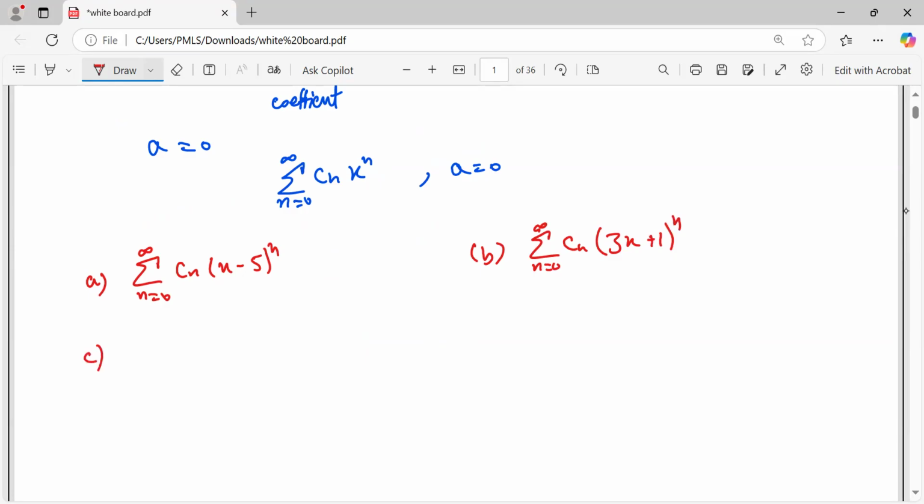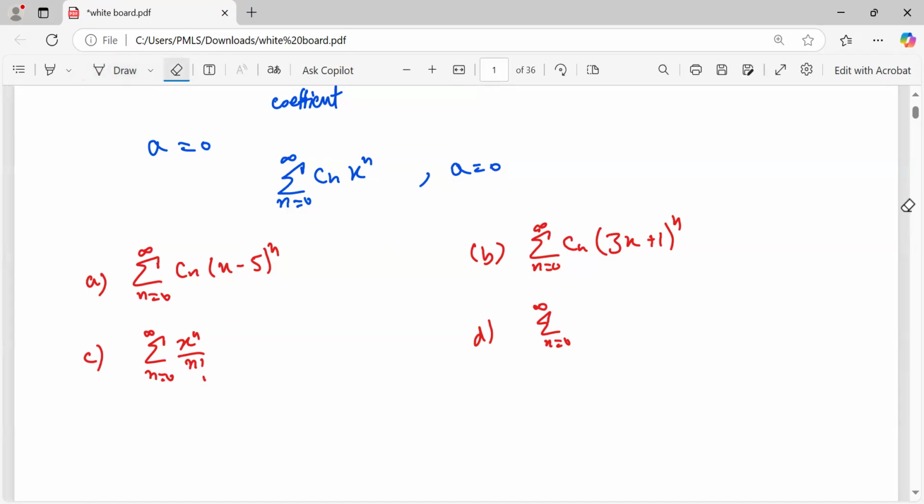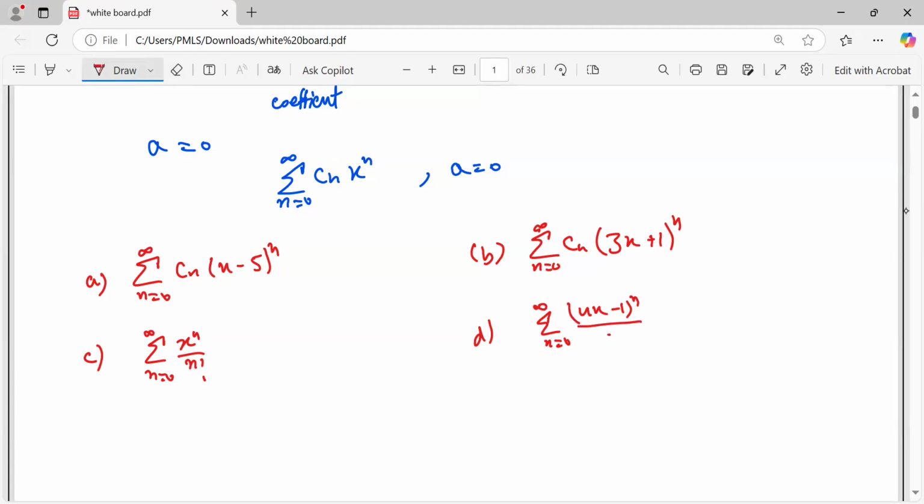C: summation from 0 to infinity x^n over n factorial. D: summation from 0 to infinity (4x minus 1) raised to power n over n squared.